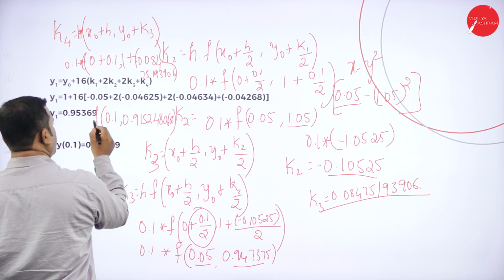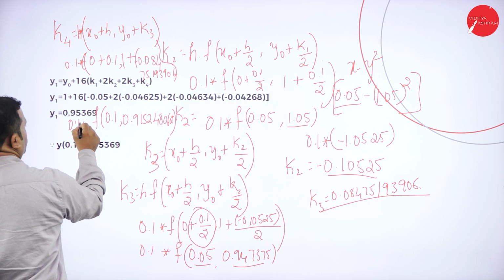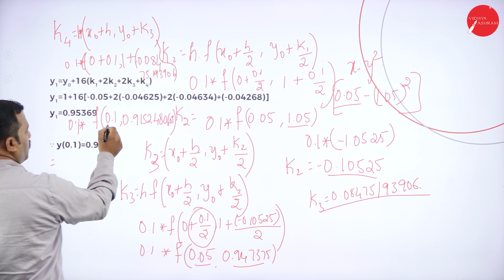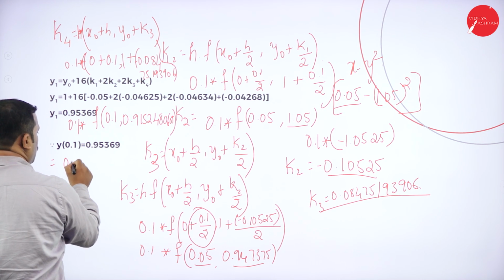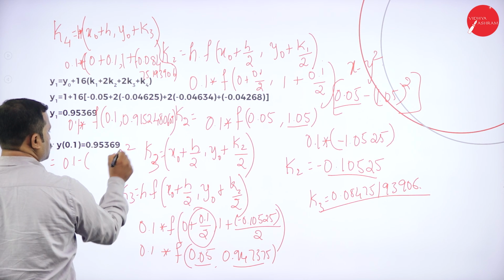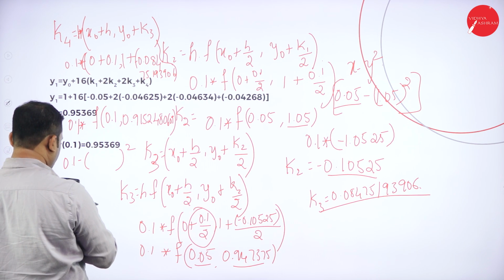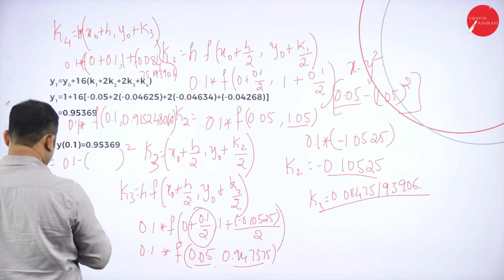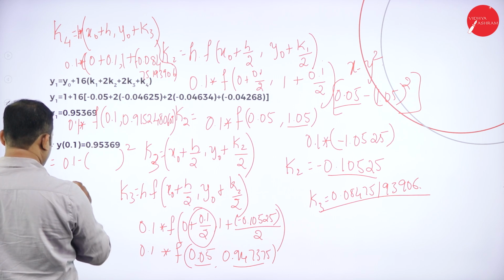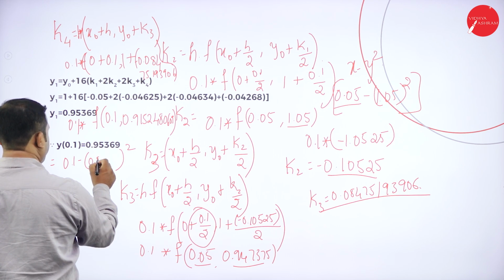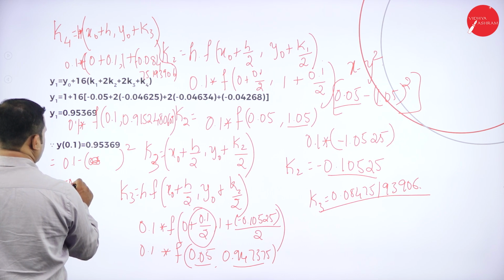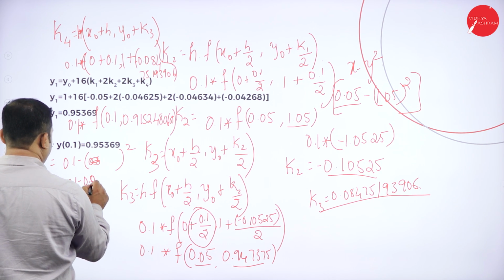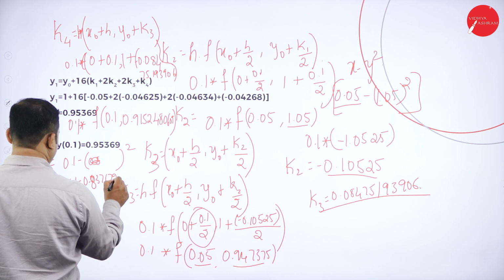If I pass on to this function f and multiply it by 0.1, what happens? That is f of this into 0.1 minus this term whole square, that gives me the answer. The square is equal to 0.8376790131.